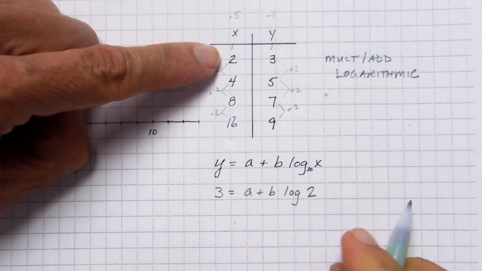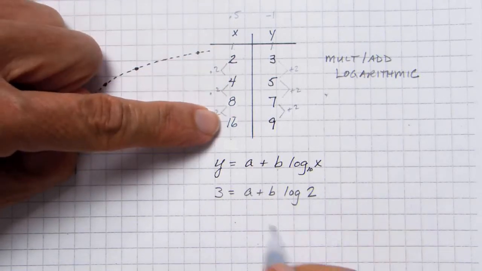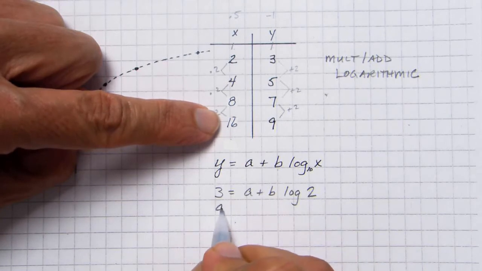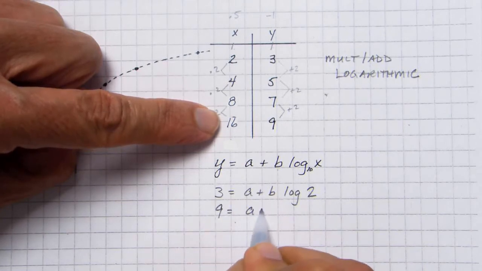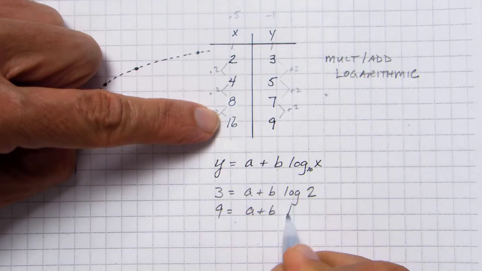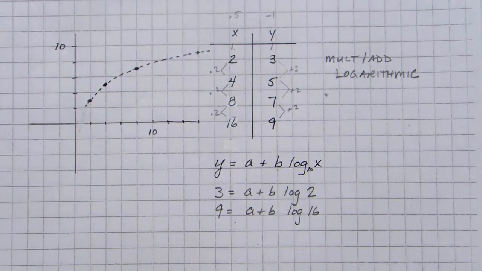And I'll take the last pair, so 9 equals a plus b log 16. Which pairs you choose doesn't really matter. All you need to do is pick 2 points that you know are definitely on the graph, and you should be just fine. The algebra is going to work out.